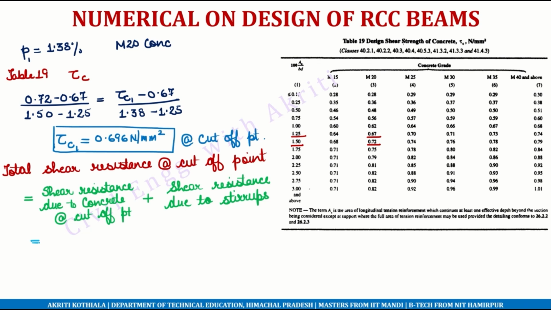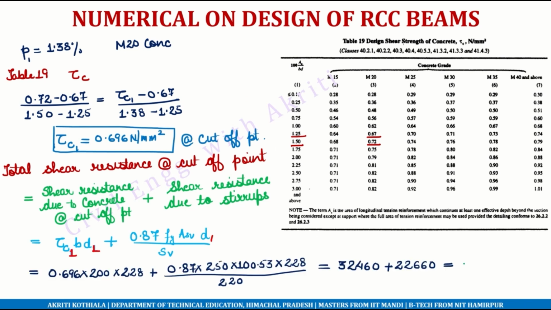The resistance due to concrete will be equal to tau c1 into b into d1, the value at the cutoff point. And for the stirrups, it will be 0.87 fy Asv into d upon Sv. So this is the value of stirrups which we have already provided, so we'll be considering that value. Again, remember that the d here will be the d provided at the cutoff point. So this is important while substituting the values.